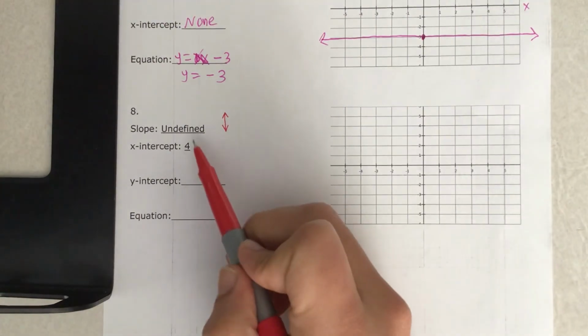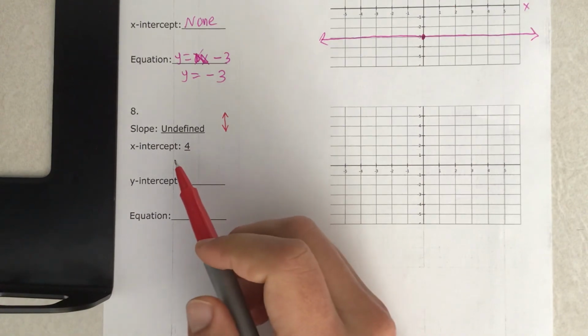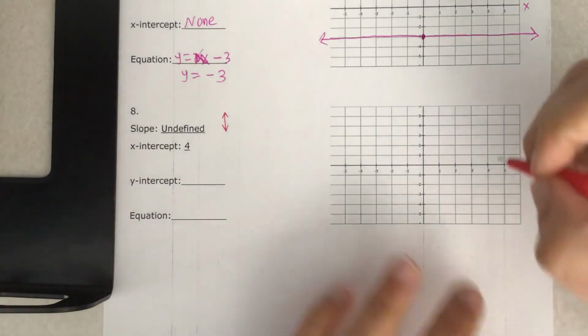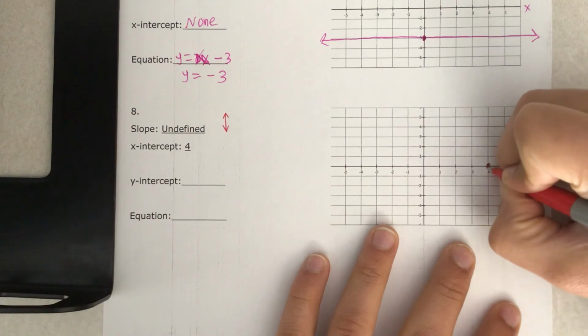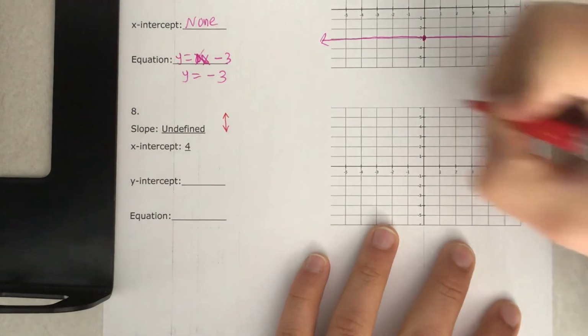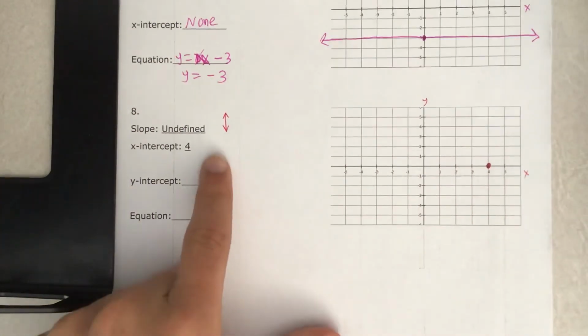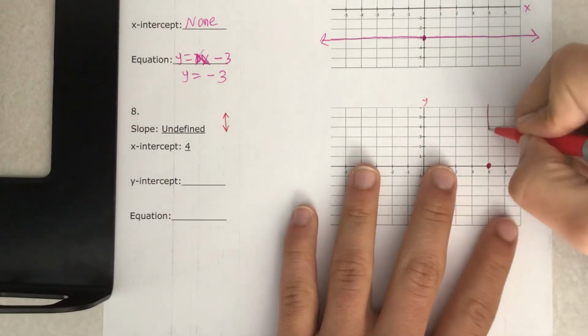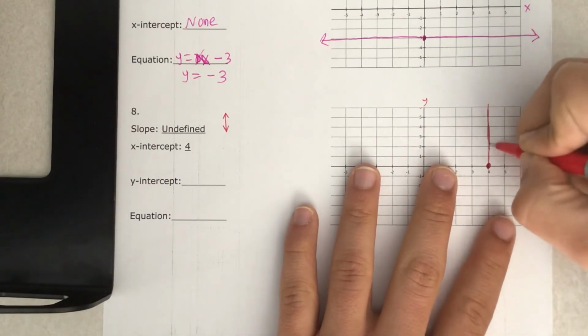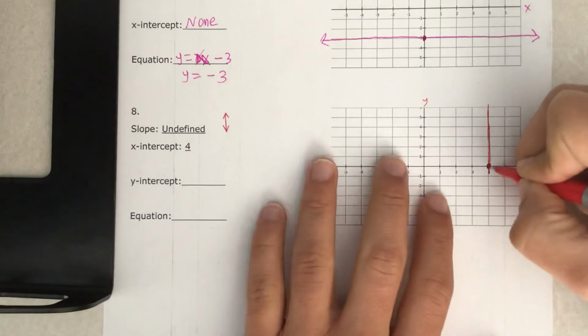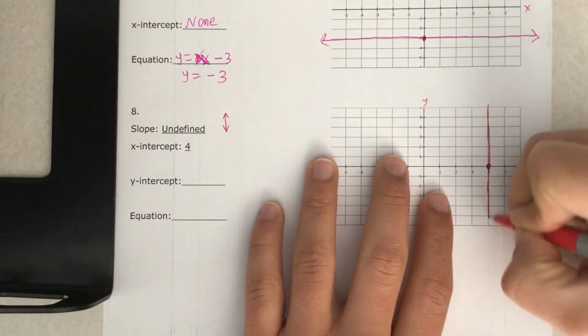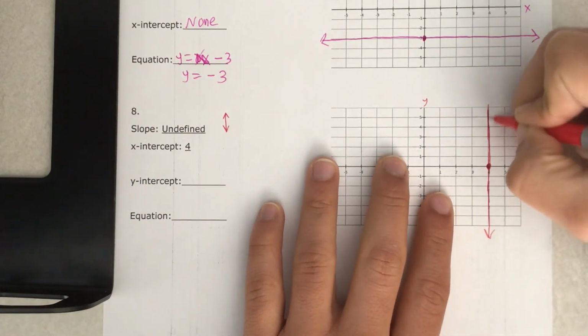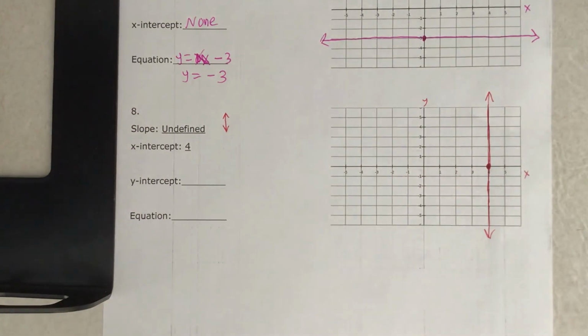And since they tell me the x-intercept is 4, I know exactly where that vertical line is. So I can plot this x-intercept of 4, and now I know it's a vertical line, so I can just draw a vertical line here. I can do the graph before I even answer any of those questions. And that's okay, you can go out of order sometimes. Sometimes it makes it easier, okay?